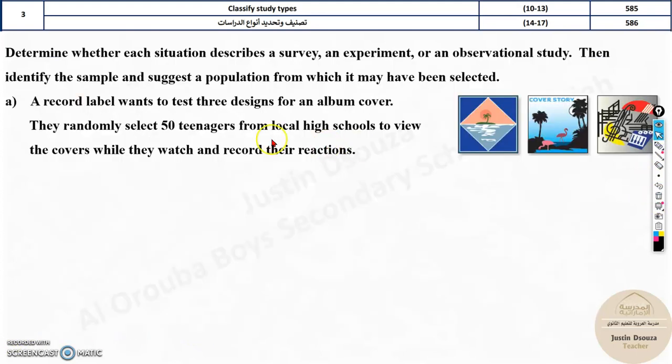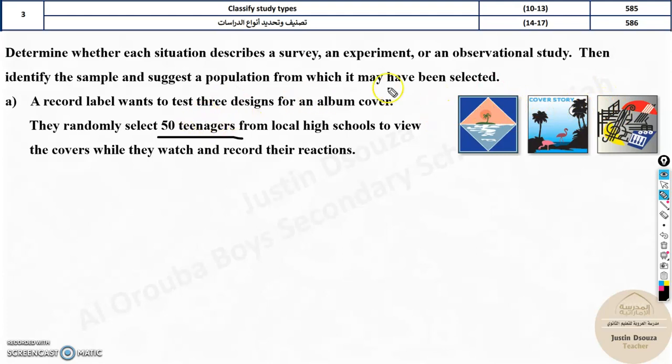Let us see now a few situations. Here you have music. A record label wants to test 3 designs for the album cover. They randomly select 50 teenage students of a local high school to view the covers. These are music CDs, albums.